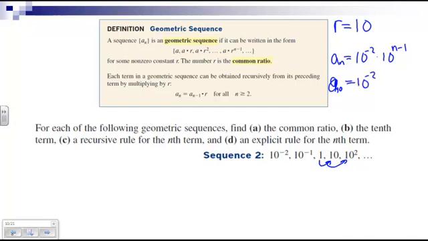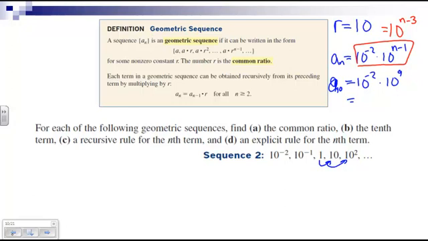Couldn't you just change that to that then? Yes, you could. The microphone didn't pick up your brilliance just then. So Anthony said, couldn't we just rewrite this as 10 to the n minus 3?